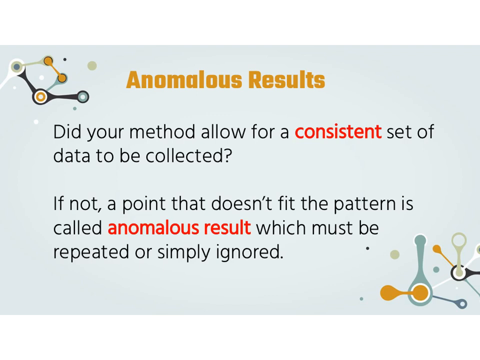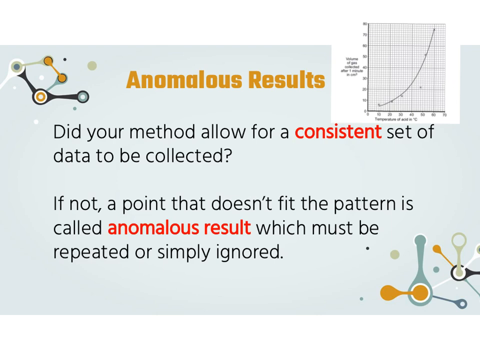So, were all the points collected following the same pattern? Or did you notice a point that is not fitting with the pattern of the points that were collected? This deviating point, we call it an anomalous result.